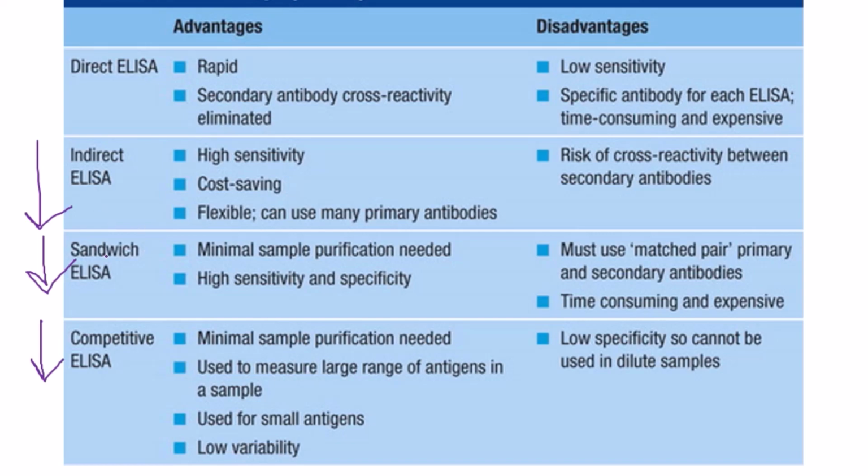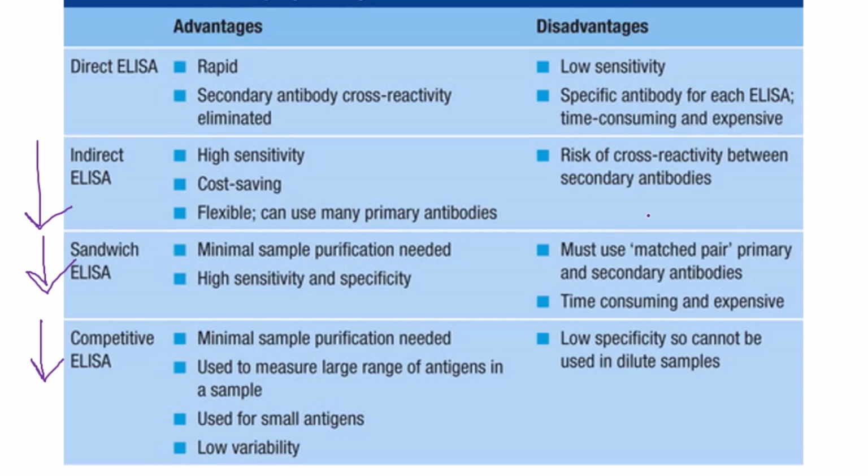So, in terms of sensitivity and specificity, sandwich ELISA is the best, but of course, it is expensive because it involves the use of primary and capture antibodies as well as secondary antibodies.